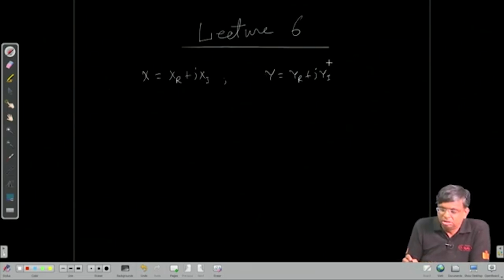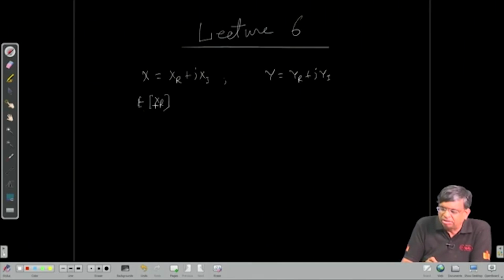Also given E of x r, whether you put x r comma x I here or just x r does not matter, because x I does not figure here, so that will drop off.